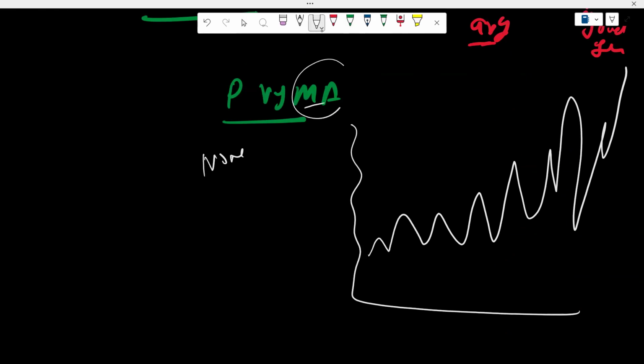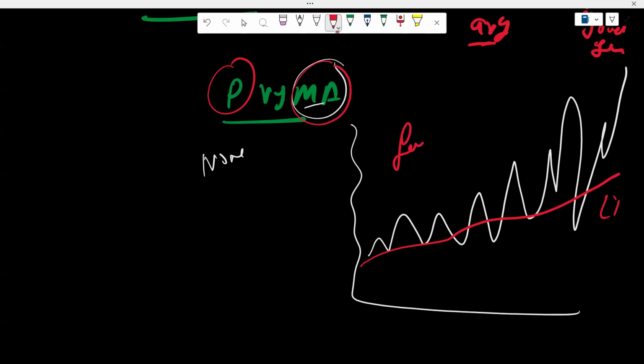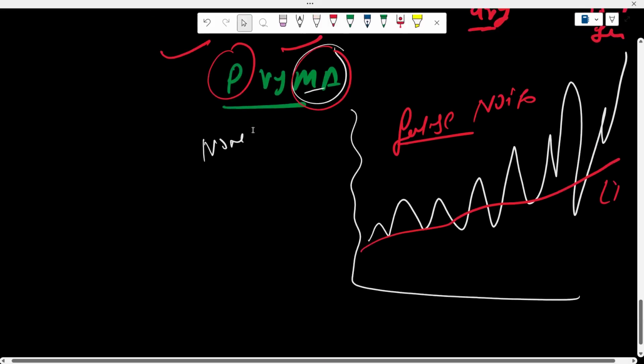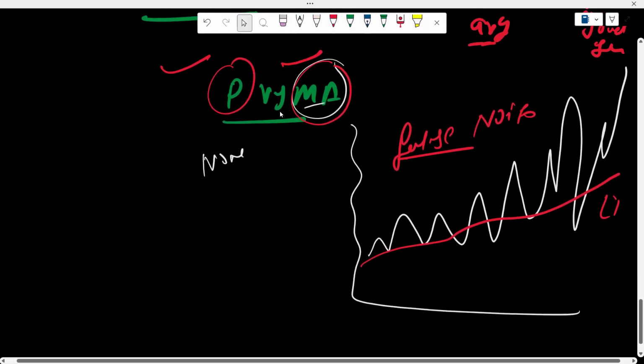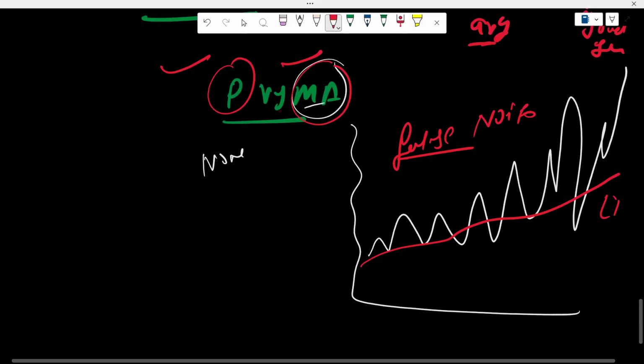And the moving average, because it's an average, will give you a smooth line. So if you compare price and moving average directly, it will give you lots of false signals. We generally don't compare price and moving average. So how will we take our buy and sell points?